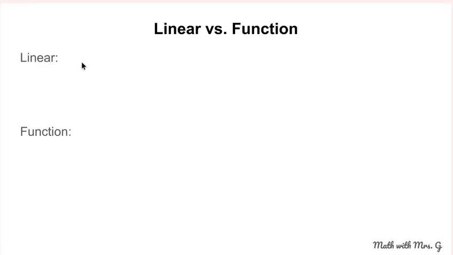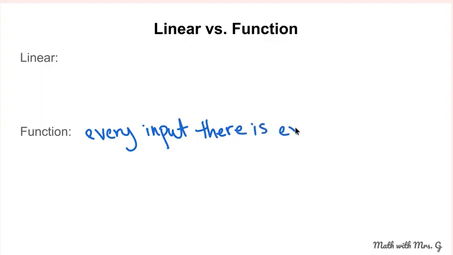So we're going to start with just a few definitions. So linear versus function, okay? So most recent, we've been talking here about functions in chapter 4, where we say that for every input, there is exactly one output.